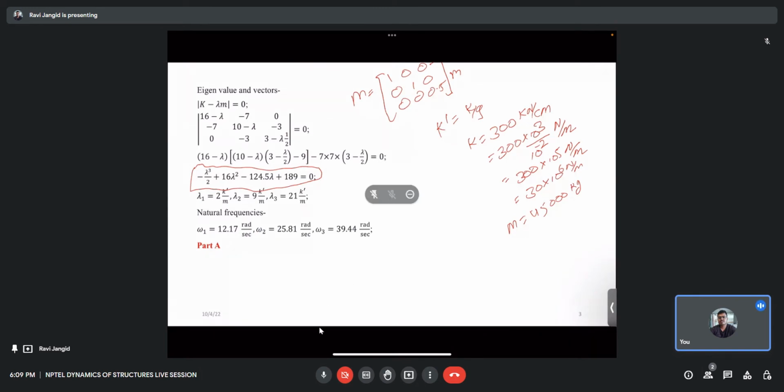What will be our Rayleigh damping matrix? Do you know the equation for the Rayleigh damping?